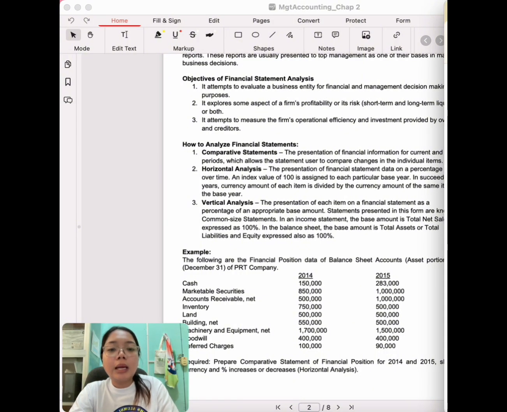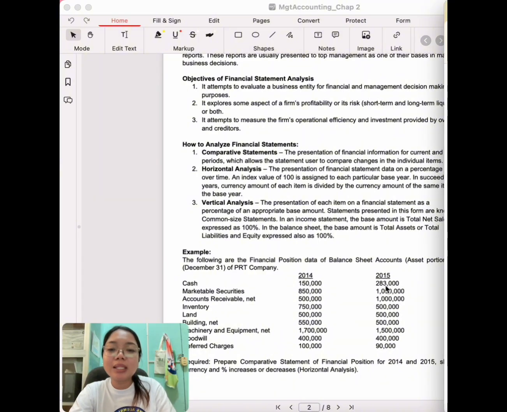So, if cash was 150,000 in 2014 and 283,000 pesos in 2015, the amount increased by 133. So, paano natin nakuha yung 133? I-minus lang naman natin yung 2015 na amount na cash sa 2014 na cash.